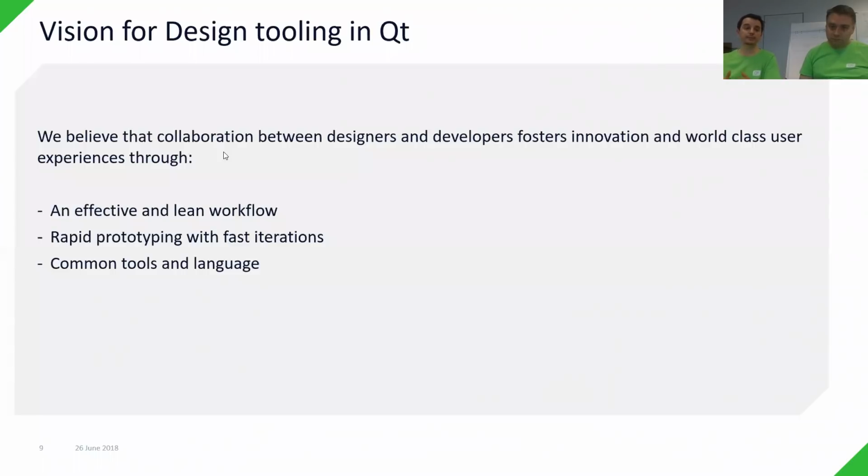And we believe that is possible via an effective and lean workflow, as well as rapid prototyping and fast iterations. The combination of these two, together with common tools and languages, enables this effective workflow and collaboration. And therefore, in the end, you get delightful user experiences and great products.